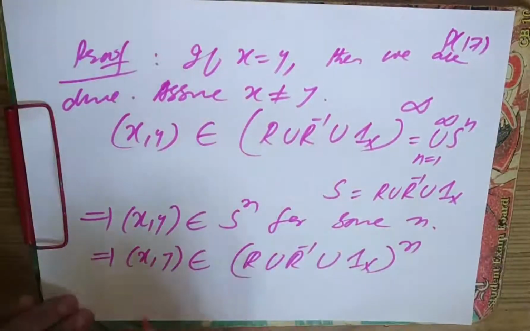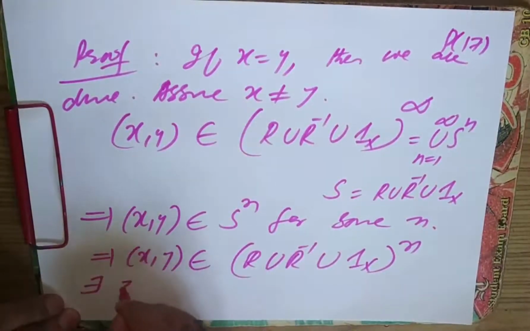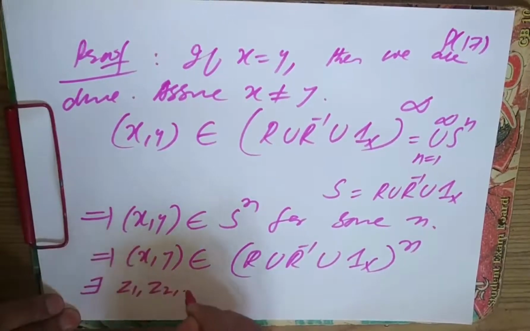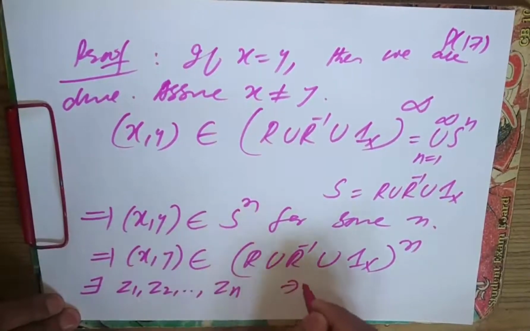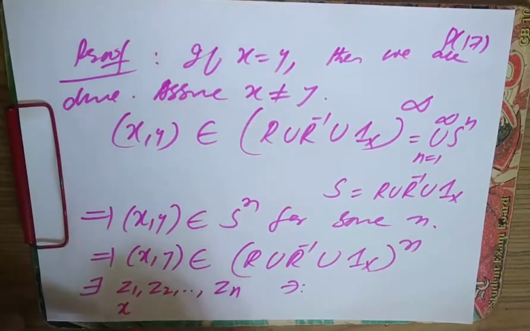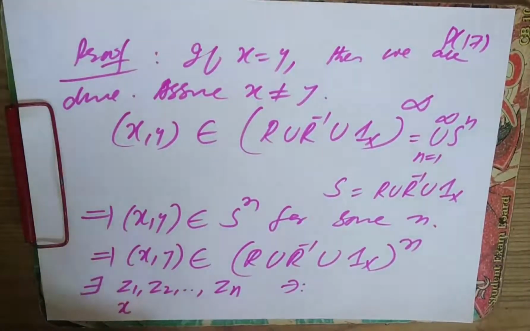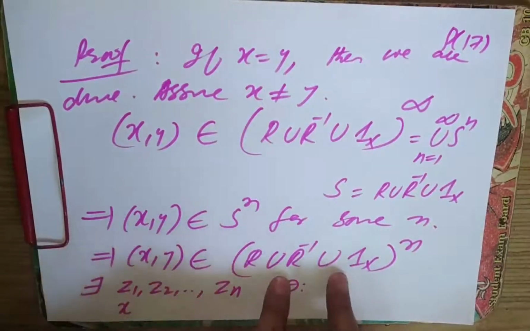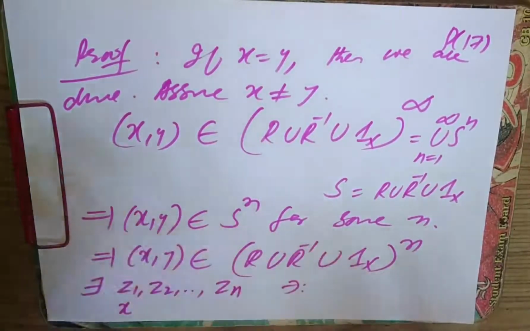So n times means that there exist Z1, Z2, and so on up to Zn, such that X comma Z1 belongs to this, Z1 comma Z2 belongs to this.